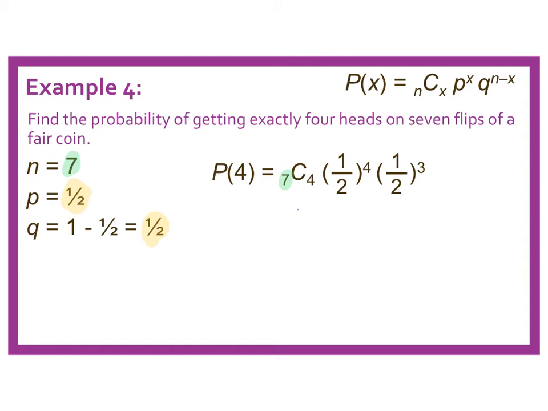Okay, and then this number right here, the 3, is really 7 minus 4. That's what that 3 is, so that's how we come up with that value. You found the 7, and there's a 7 here.